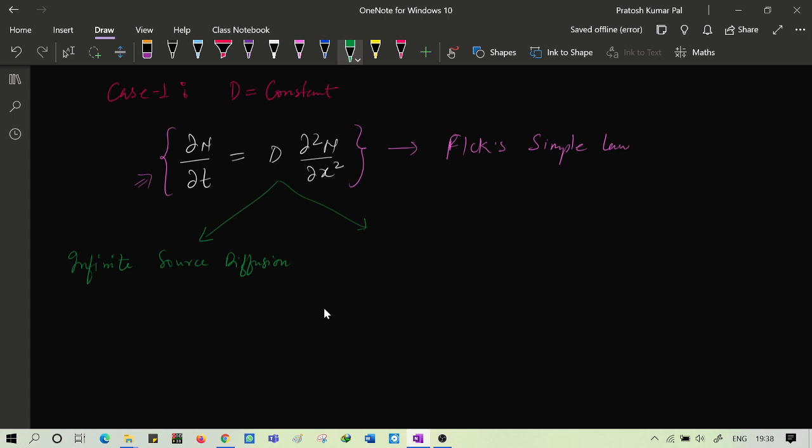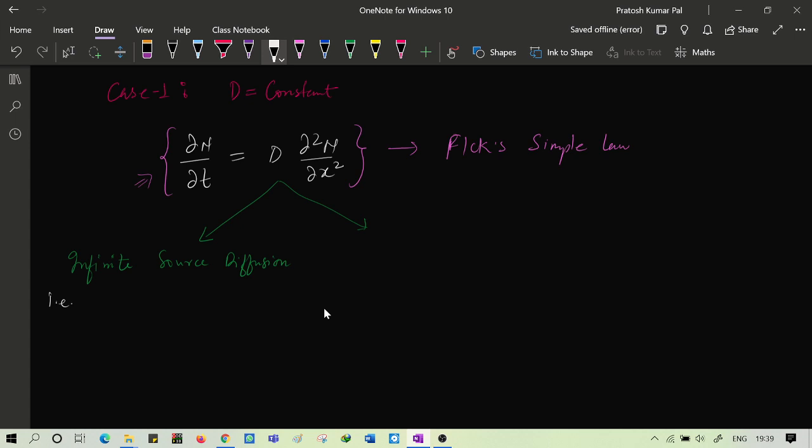Infinite source diffusion means the surface concentration. What does it mean basically? It means the surface concentration of the dopant is always maximum at the surface. When diffusion is taking place at the surface, we are considering the concentration to be at the maximum value.